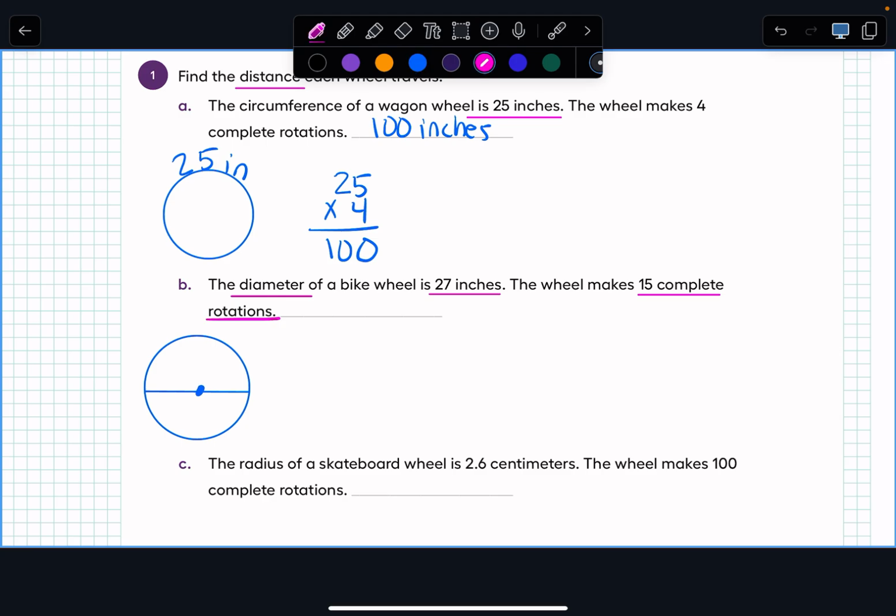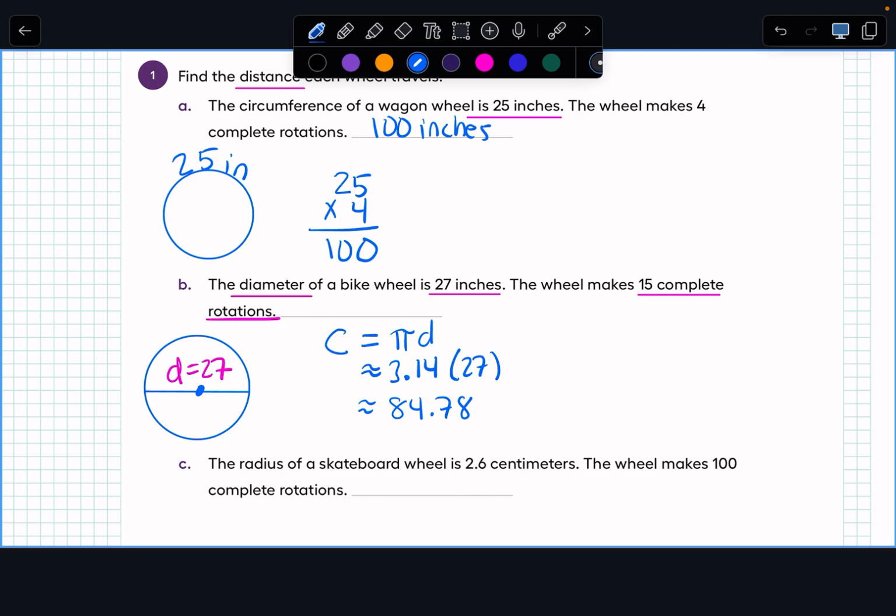So we have D equals 27. Remember that the rotation a wheel makes is the circumference of the circle. So we need our formula C equals pi D. So I plug in 3.14 times 27. And the circumference of that, if you punch it in, would be 84.78.